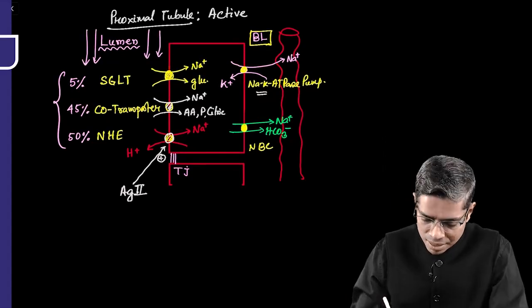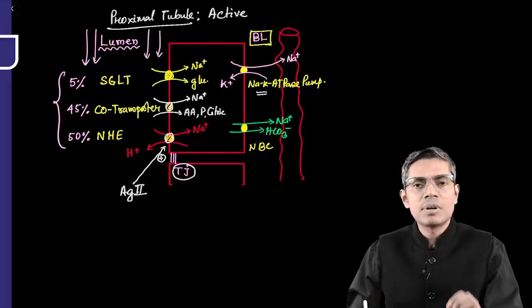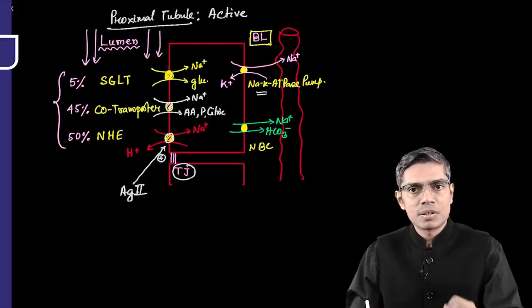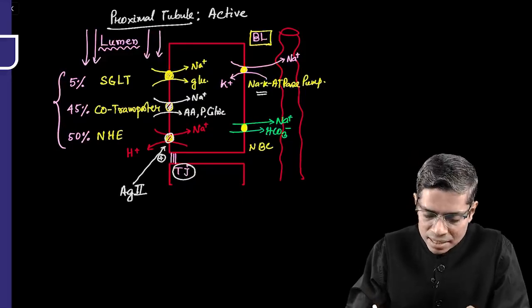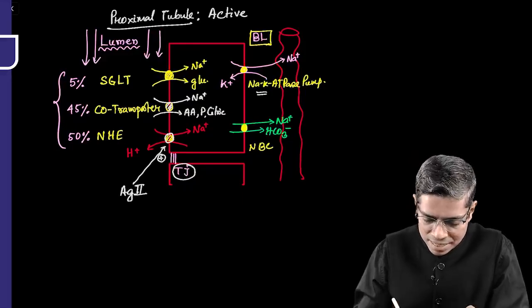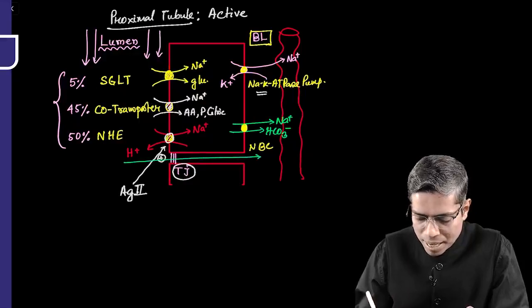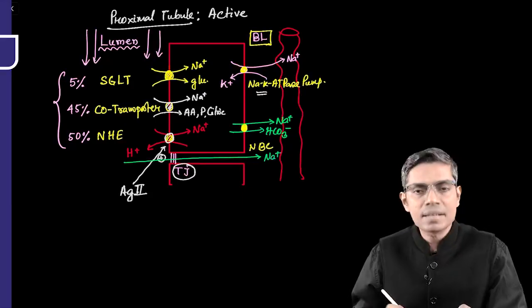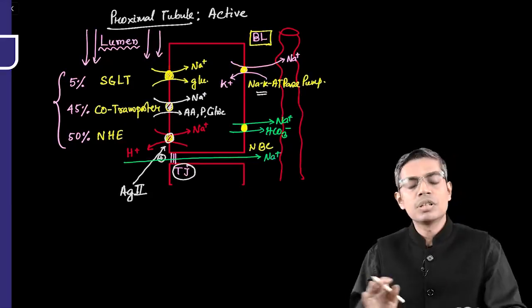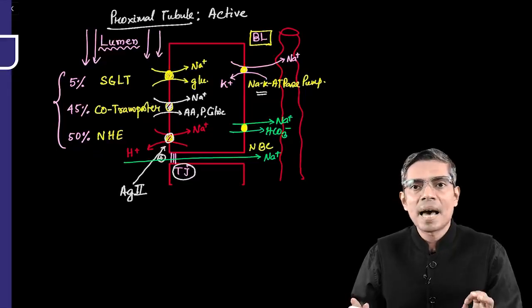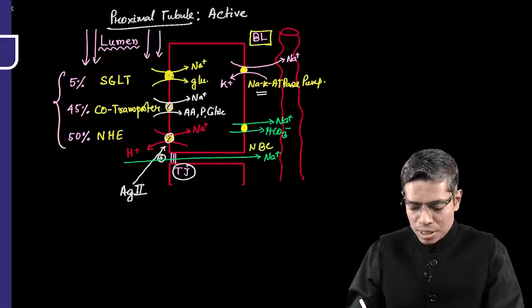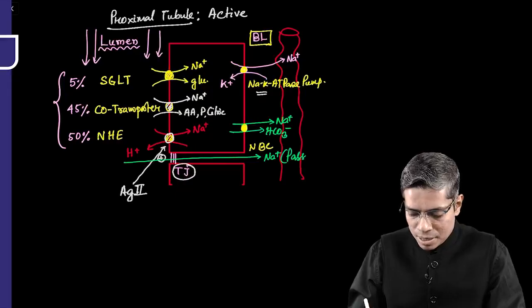Why? This tight junction, which is present at the level of the proximal convoluted tubule or proximal tubule, is leaky in nature. Leaky in nature means some of the sodium can easily pass through the paracellular pathway, which is not going through the cell membrane. So the paracellular type of transport is a kind of passive transport.